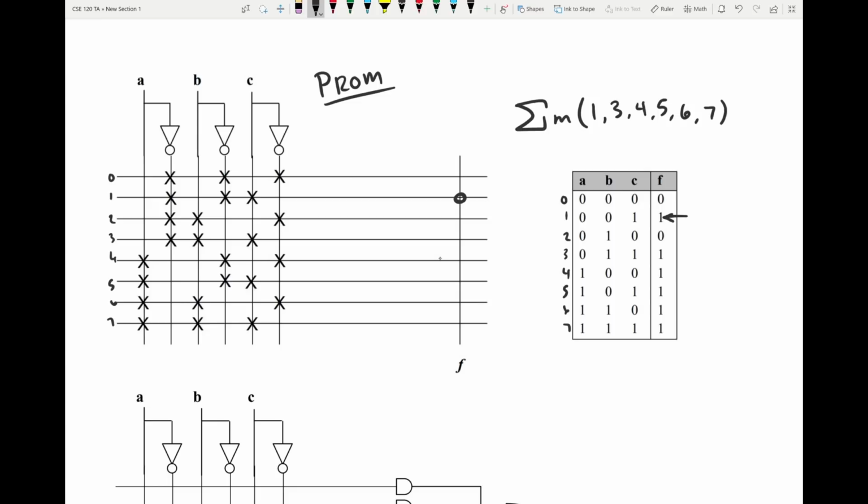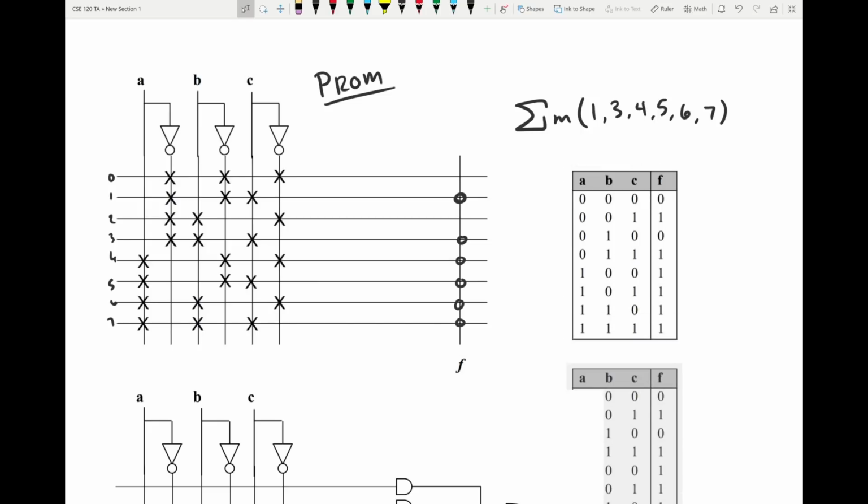So now I can go 1, so 3, 4, 5, 6, and 7. So not too complicated there. It's really just understanding what the PROM is and kind of what it is you're looking at, what it is you can program.